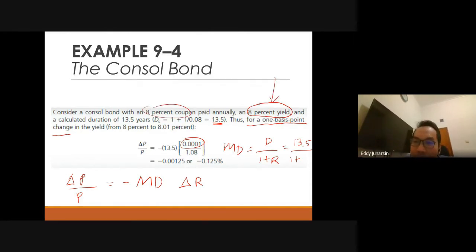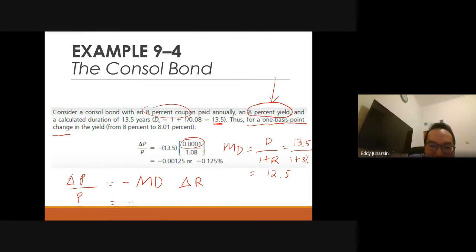The yield, 1 plus 8%. And what is it? Let's calculate. 13.5 divided by 1 plus 8%. So 12.5. Is it correct? Yeah, you can verify, okay?